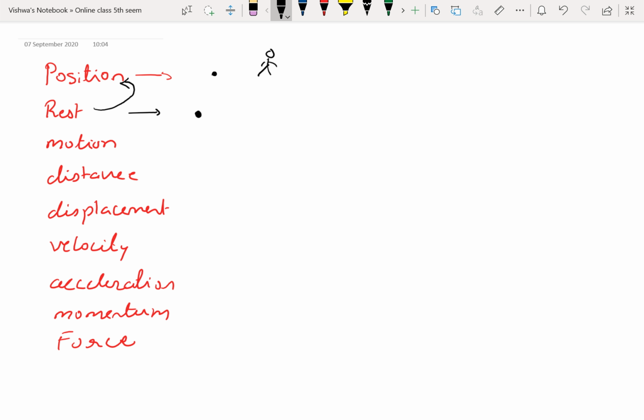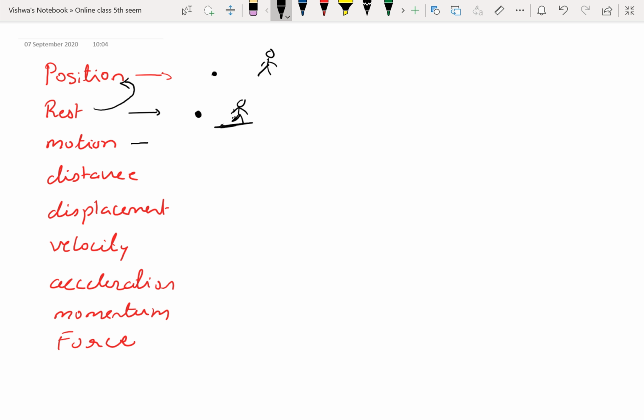Then we say that the object is at rest. Now there is a person here. Now the time is 9 o'clock. After 9:15, 9:20, 9:30, the person is in this position only. Then we call it at rest.